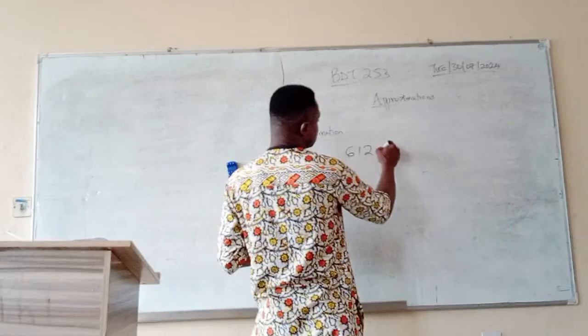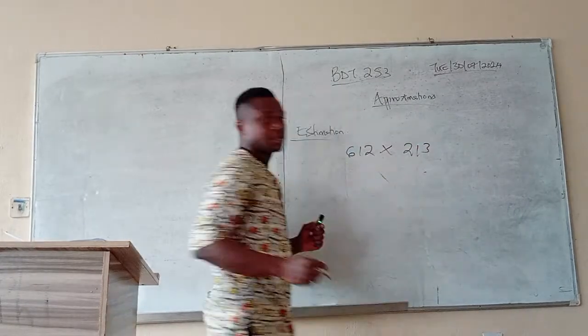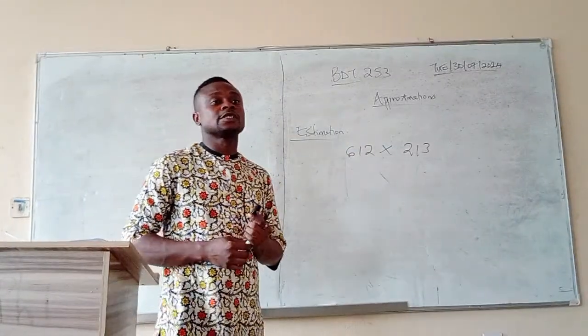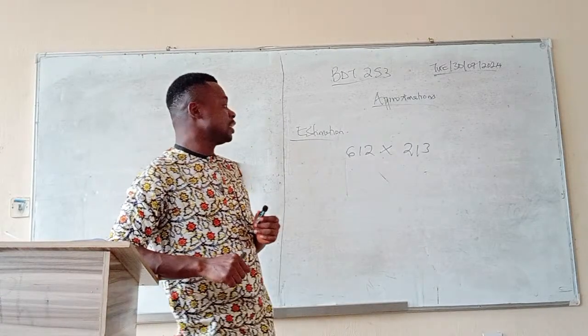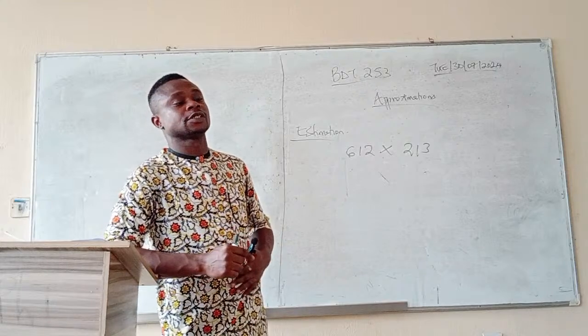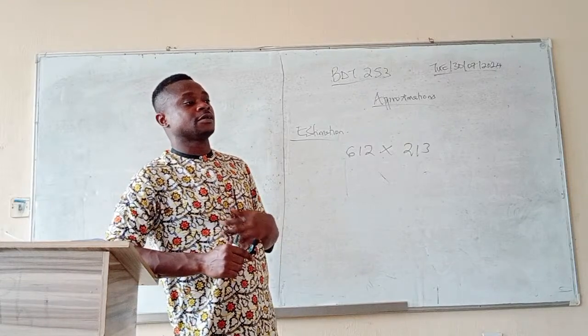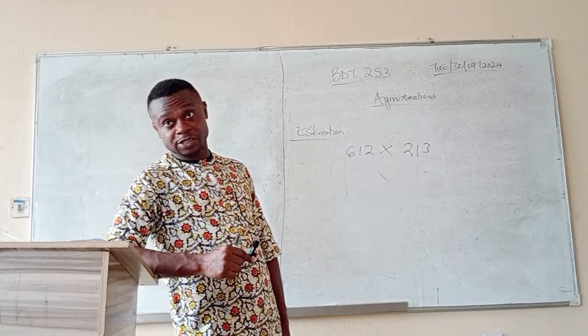Multiply 612 times 213. Are we together? You know what we are doing is estimation. We are not doing the calculation. We are doing estimation.